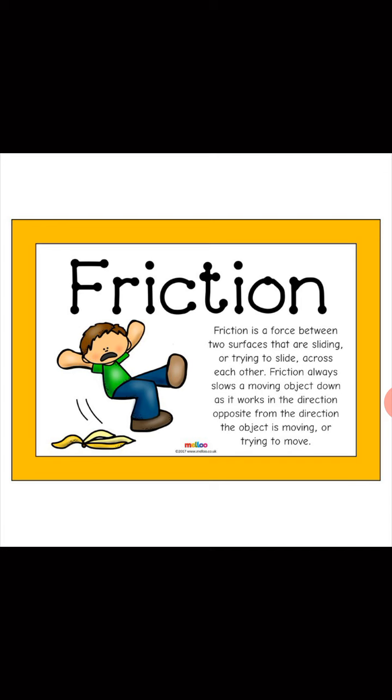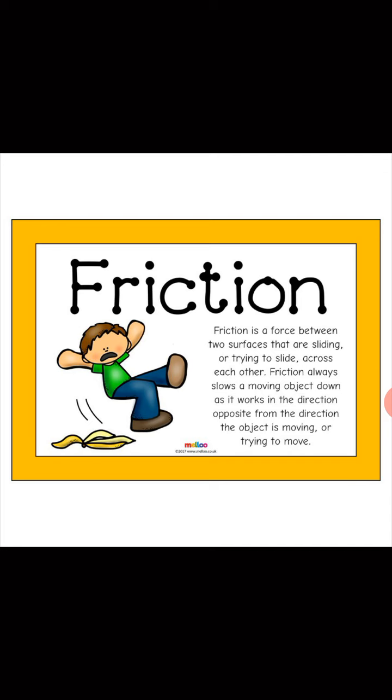Now, what does this friction do? It slows the movement of an object and it is always in the opposite direction of the motion of the object. So if the movement is towards the right, the force of friction will be towards the left.